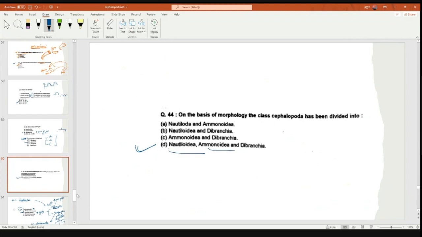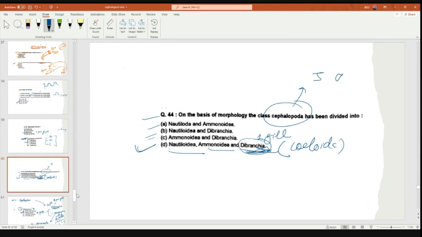Nautiloidea, Ammonoidea and Dibranchia. Okay, और Dibranchia को भी हम Coeloidea बोल सकते हैं because Coeloidea is also one pair of gills. Okay, if there is Dibranchia, see किसी भी ऑप्शन में हमारा Coeloidea नहीं दिया है, right? Okay, so it also comes under the Dibranchia. So do not confuse. अगर Coeloidea नहीं दिया, if Dibranchia is there, you have to know cephalopod का classification.